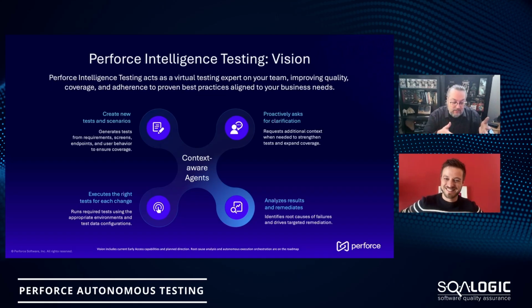Maybe you're using some other competing solution, and as long as they have a good enough agent and MCP servers to support it, providing that open connectivity. That's where we're going with Perforce Intelligence Testing. It's super exciting where we are today, and even more exciting where we're going in the future.